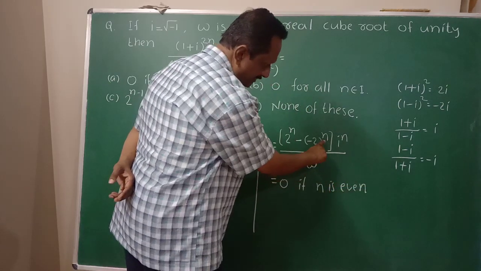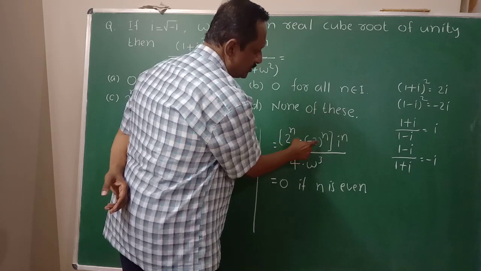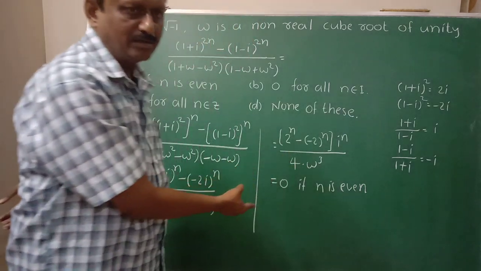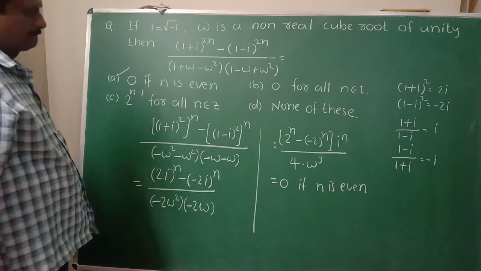So if n is even, minus becomes a plus, 2 raised to n minus 2 raised to n, complete this term is 0. 0 upon anything is 0. So 0 if n is even. So first option is correct.